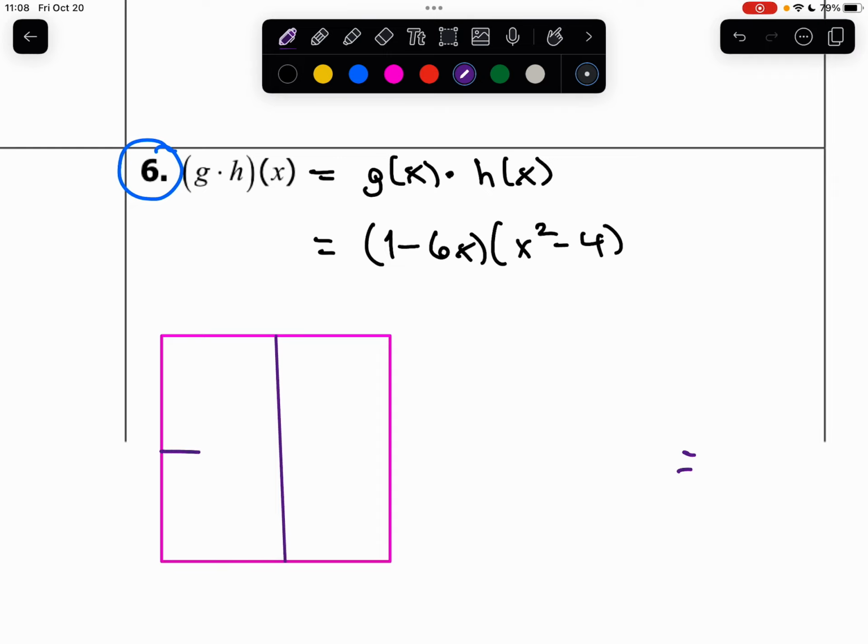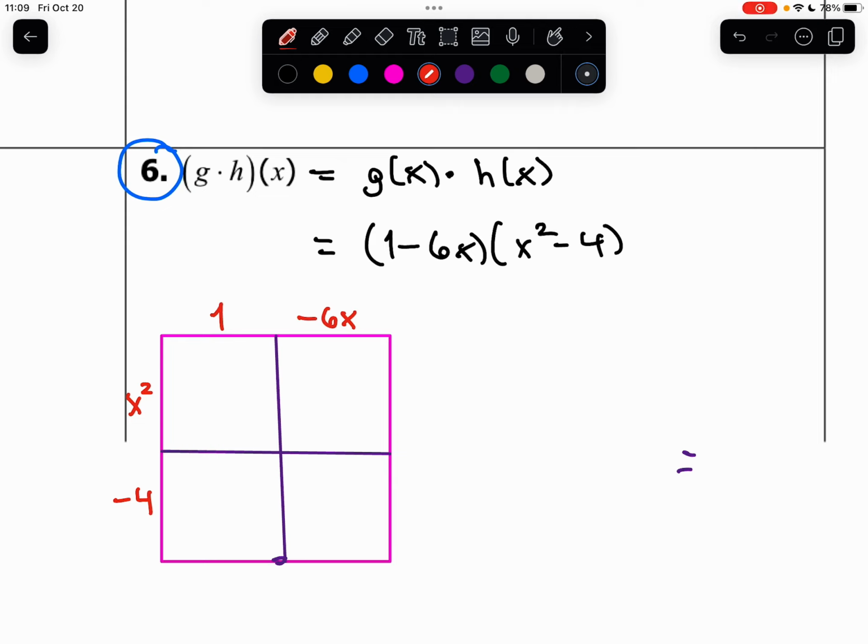Yeah, it's a slanted line, but it's okay. Still straight. There we go. I'm going to put 1 minus 6x across the top, and then x squared minus 4 down the side. And now we're just going to multiply to get into the boxes.